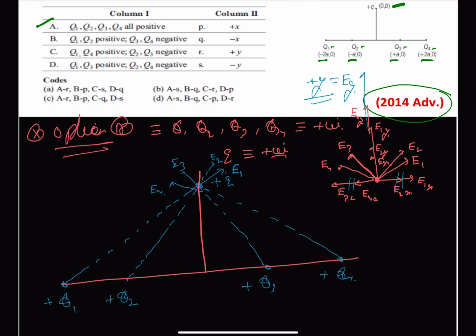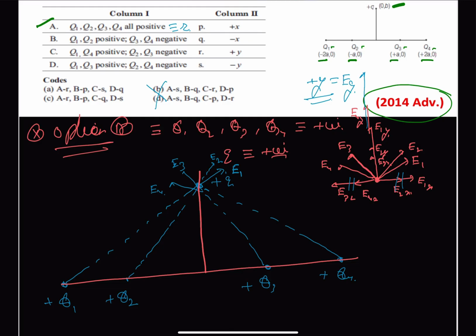And for option A, P is going to give us R, that is plus. So this will be R. So B and D cannot be correct. The only options possible are A and C.